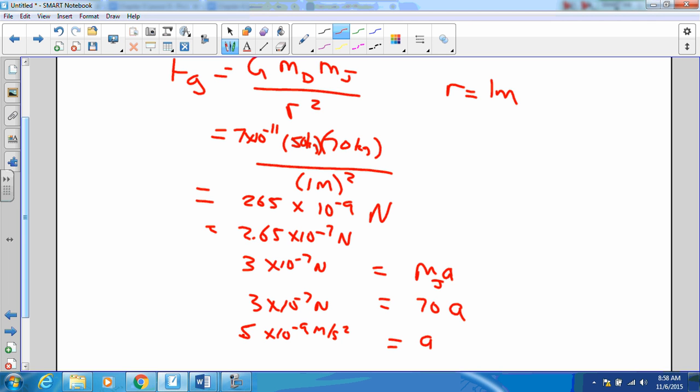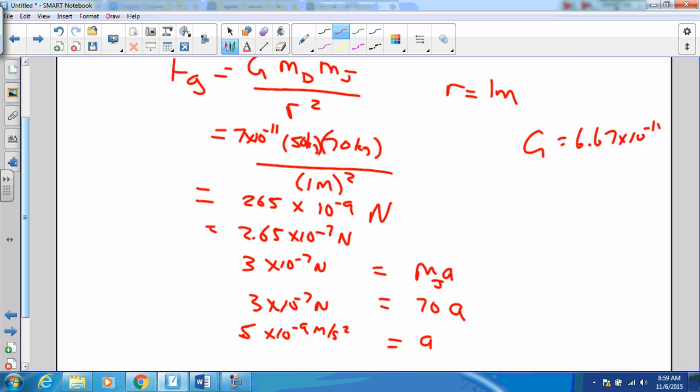What is the number next to the... Which one? Here? Oh, 50 kilograms. What's that one? 70 kilograms. No, for like, 7 times 10 to the minus 11. Okay. The gravitational constant is 6.67 times 10 to the minus 11, then I just rounded it. Oh, because I was in a rounding kind of mood.